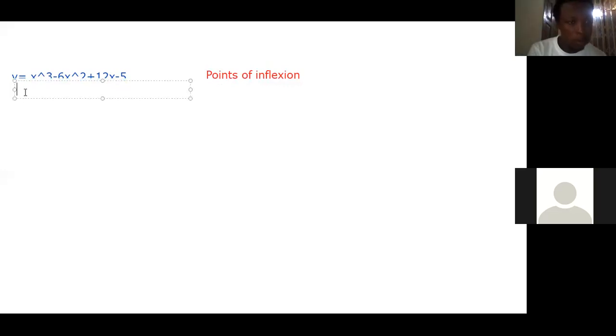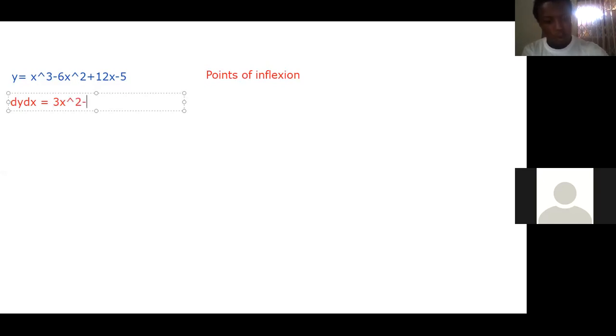So we get dy/dx is equal to 3x raised to the power 2, minus 12x plus 12. Am I right? Yes.